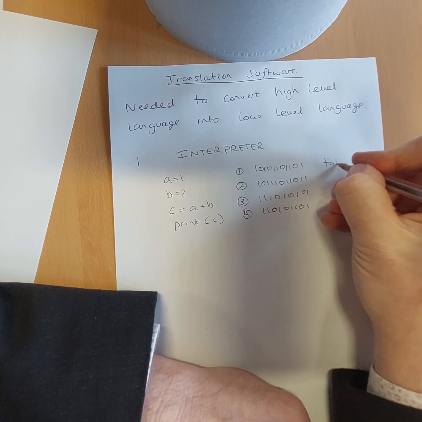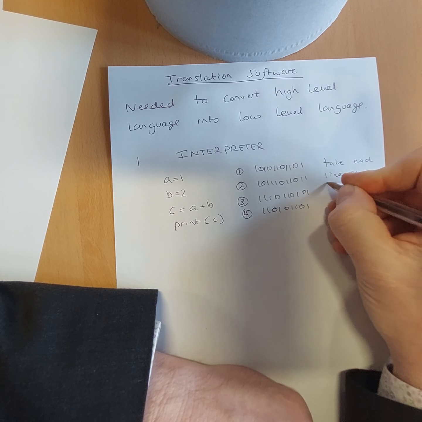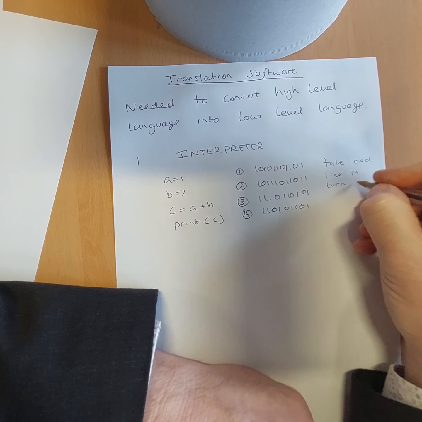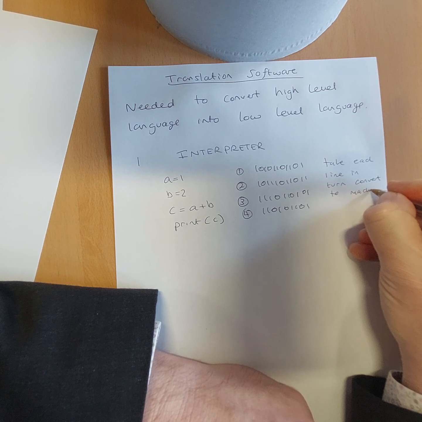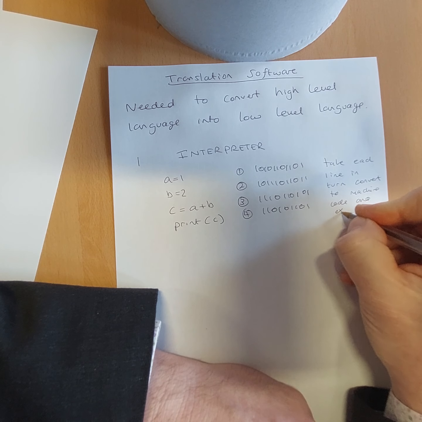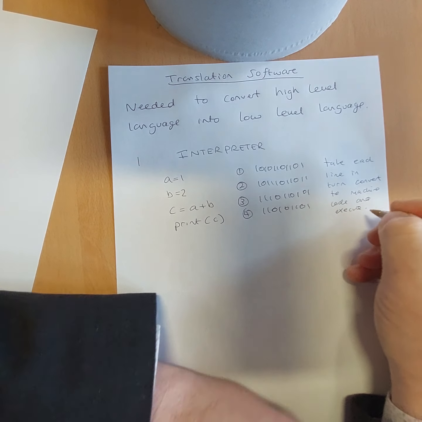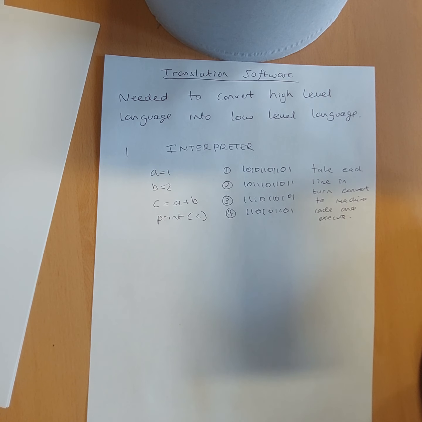So take each line in turn, convert to machine code, and execute. So that's how an interpreter works.